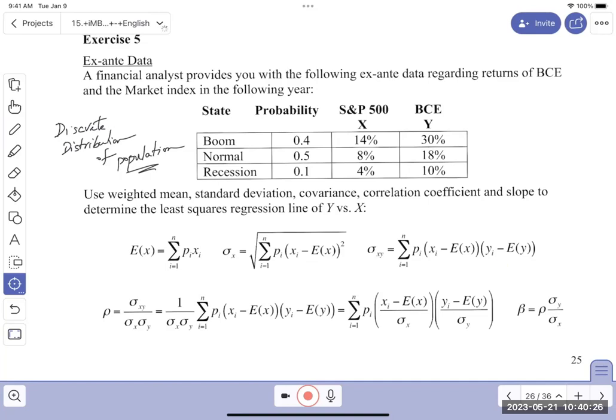And now, that's why I use these Greek letters, because Greek letters are reserved for population statistics or population parameter calculations. So these are like parameters now. Now, how in the world are we going to get these out of our calculator?